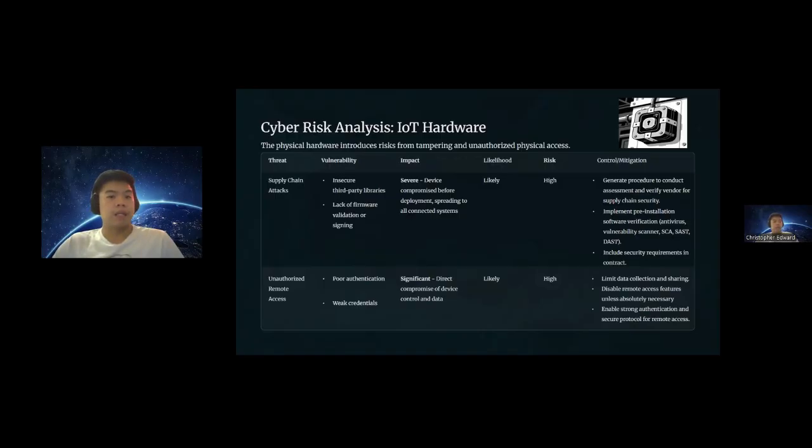The likelihood is also high, so it introduces a high risk. The mitigations include limiting data collection, disabling unnecessary remote access, enforcing strong authentication, and validating firmware integrity before deployment.